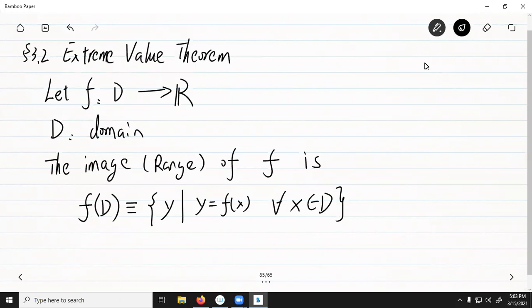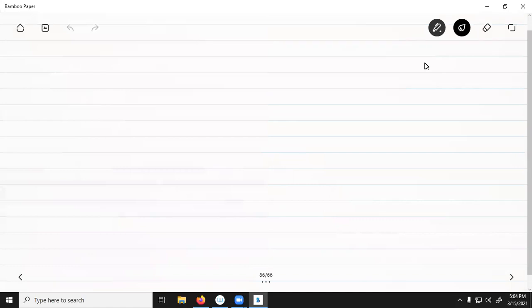Now let's look at what is the maximum value.